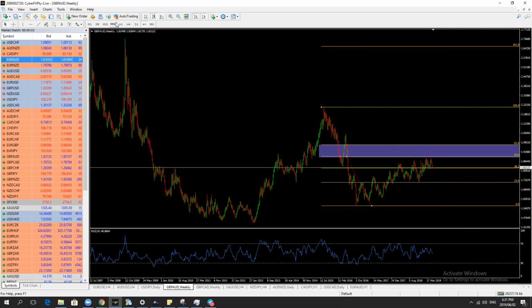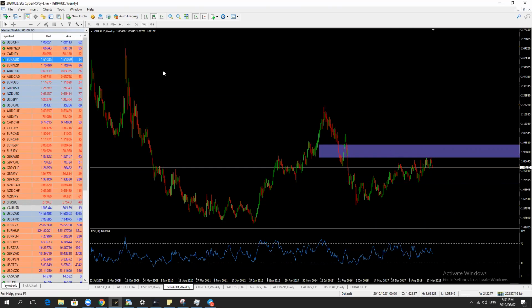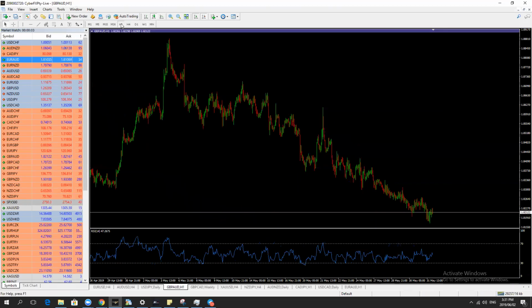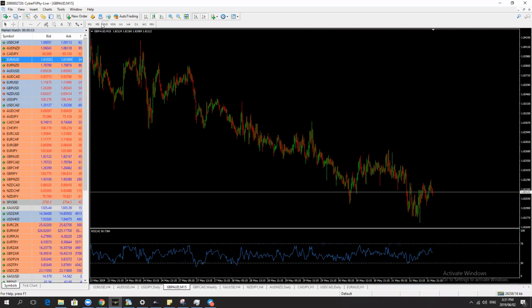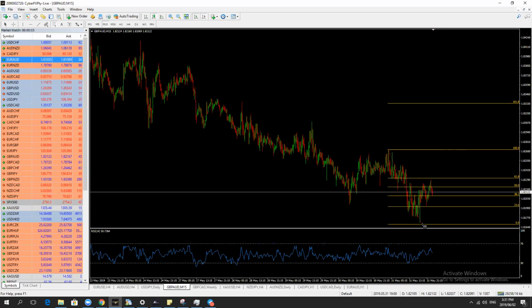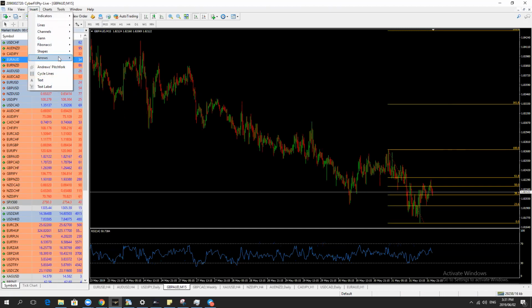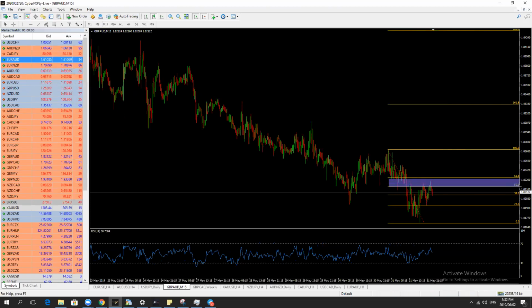Going lower on GBP AUD, a sell looks good. Let me go to a lower time frame and see if I can see anything there. Last downtrend from there to there. I see it turned at the Fib zone on M15. I could personally be looking for a sell since it turned at the Fib zone, continuing the sell.